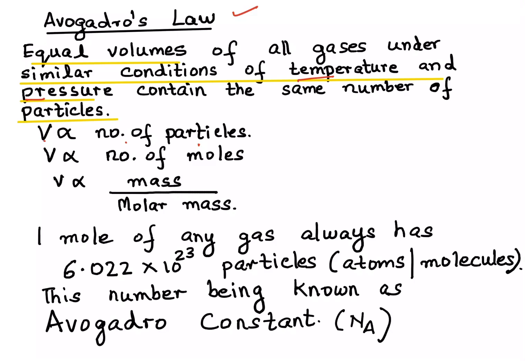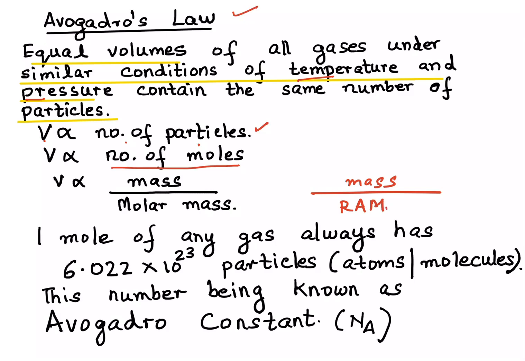Now, number of particles, as we have seen earlier in chapter 1, we express it in terms of the number of moles. That's the standard which is chosen to express the number of particles. And what is number of moles equal to? Yes, number of moles is equal to the mass of the substance divided by its molar mass, or the relative atomic mass if the gas is existing in the form of an atom, right?